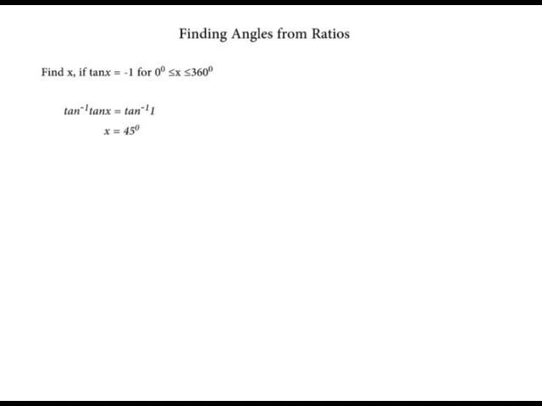So 45 degrees is not part of the answer, but it will help us get the answers. Tangent is negative in the second and third quadrants. In the second quadrant, the obtuse angle equivalent of 45 degrees is 180 minus 45, and that gives us 135 degrees. In the third quadrant, the angle will be 180 plus 45, that gives us 225 degrees. And therefore x is equal to 135 degrees and 225 degrees.